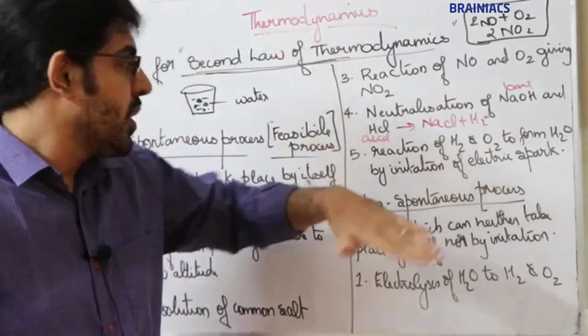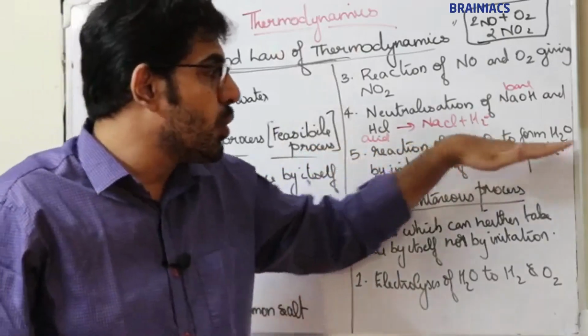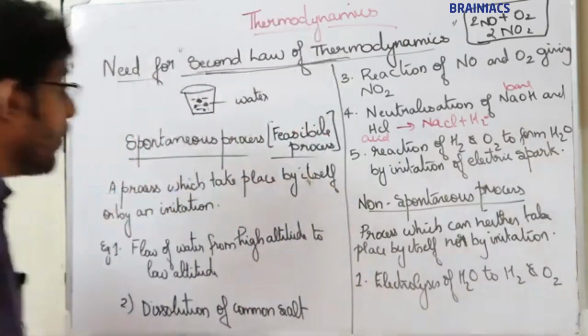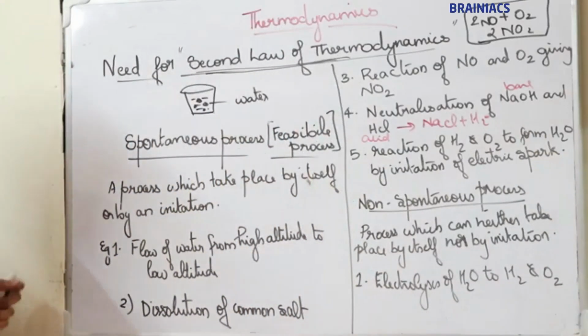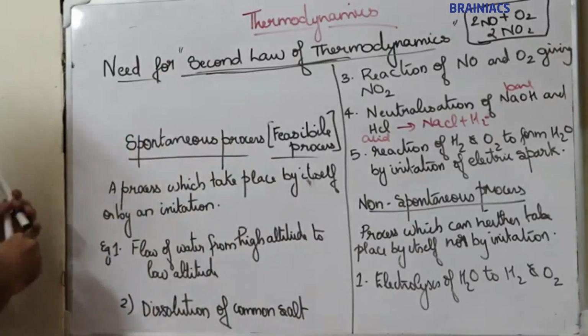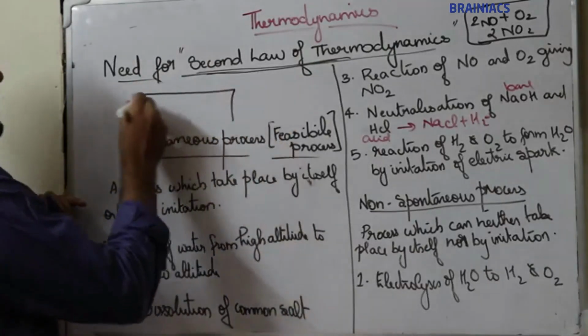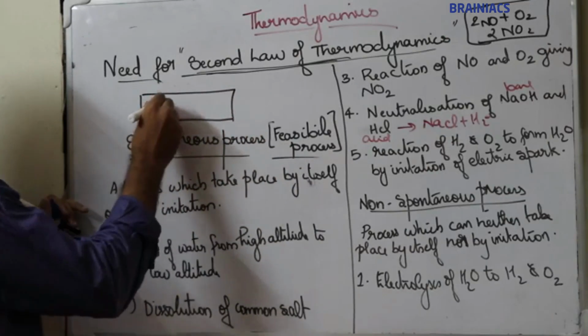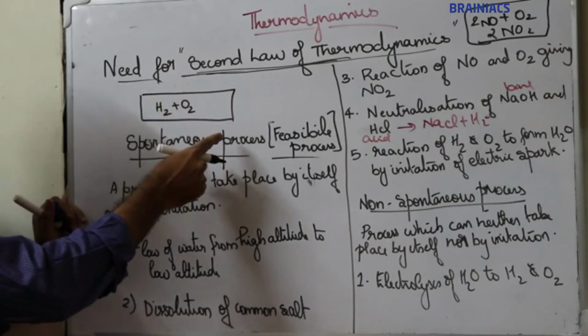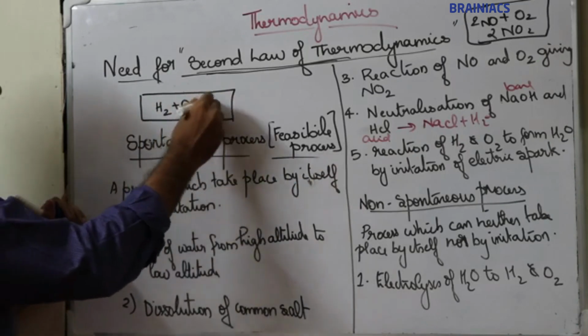I think it's clear. Reaction of H2 and O2 to form H2O by initiation of an electric spark. If we mix H2 and O2 in a cylinder, they won't react to produce water.